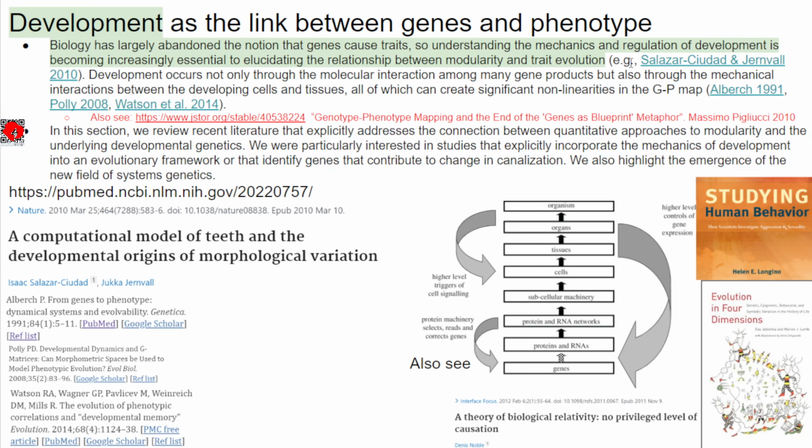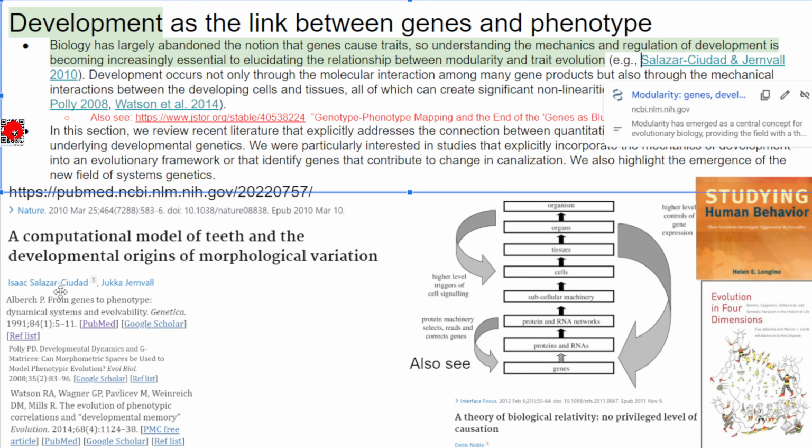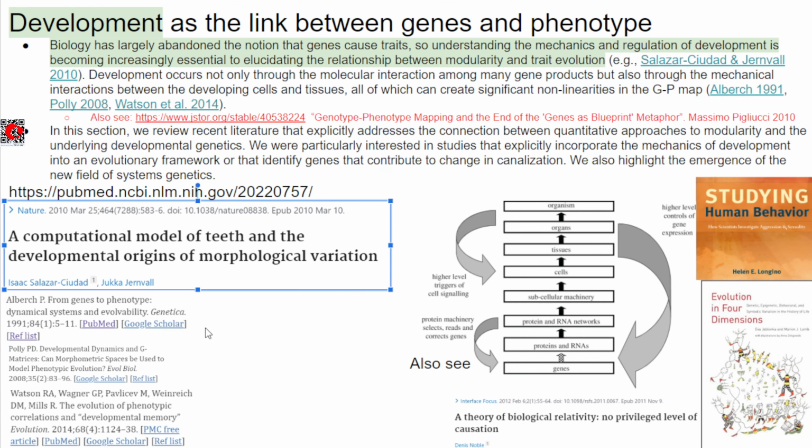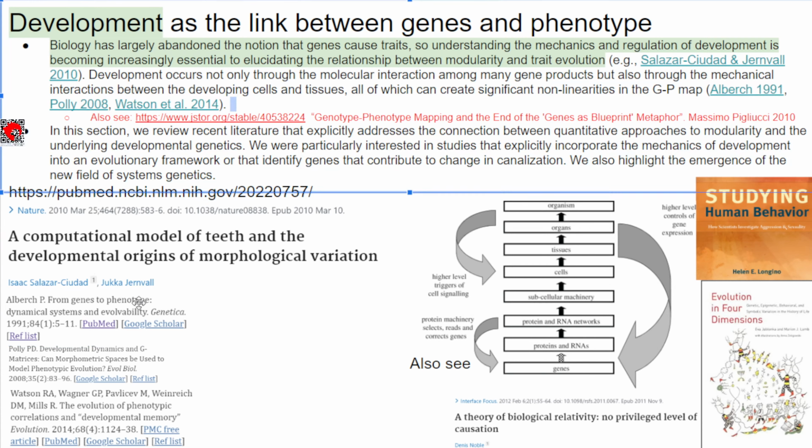The key citation, in the authors' view, to elucidating the relationship between modularity and trait evolution is this paper by Salazar-Ciudad and Jernvall. So that's interesting. And then a few other citations: Albrecht 1991, Pavlicev 2008, and Watson et al. 2014.